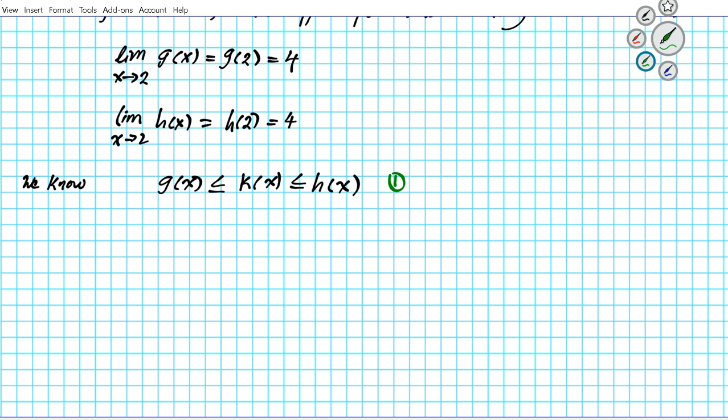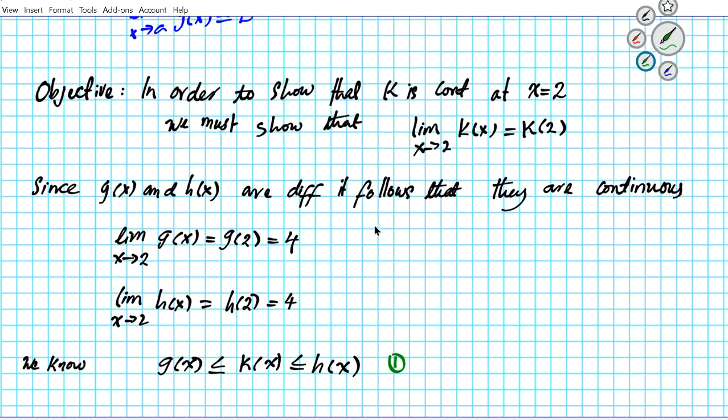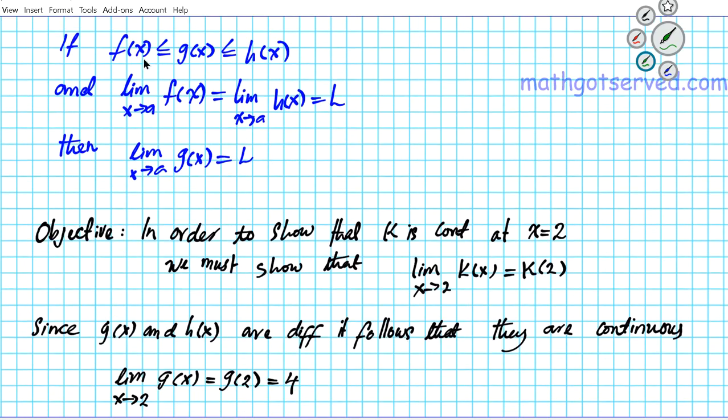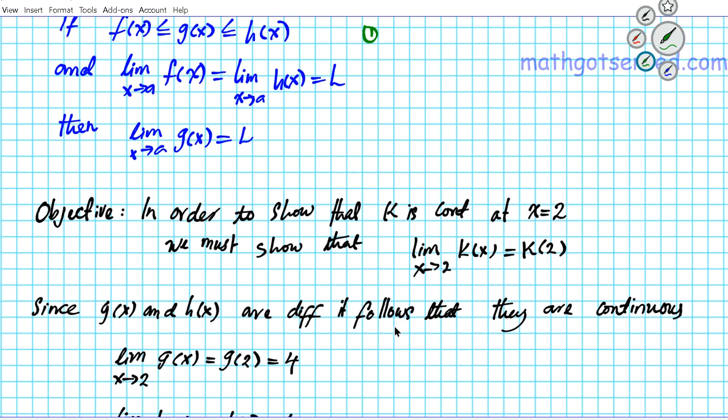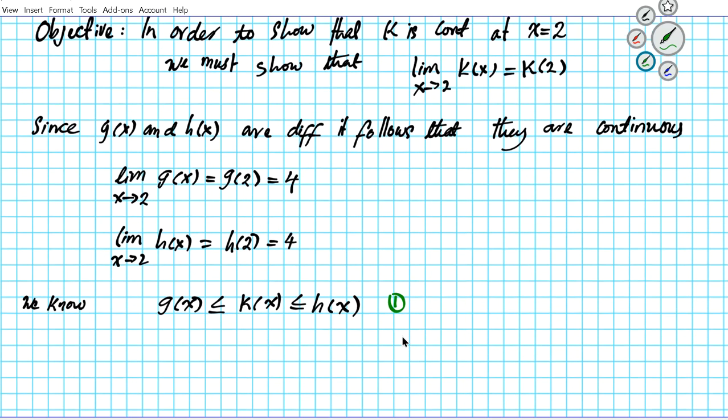So let's go back and look at the Squeeze theorem. If you go back and look at the Squeeze theorem, the first condition is that you have a bounded function between f and g. And then the second condition is that the upper and lower boundary functions, f and h, both have the same limit. In this case, that's also the case here.